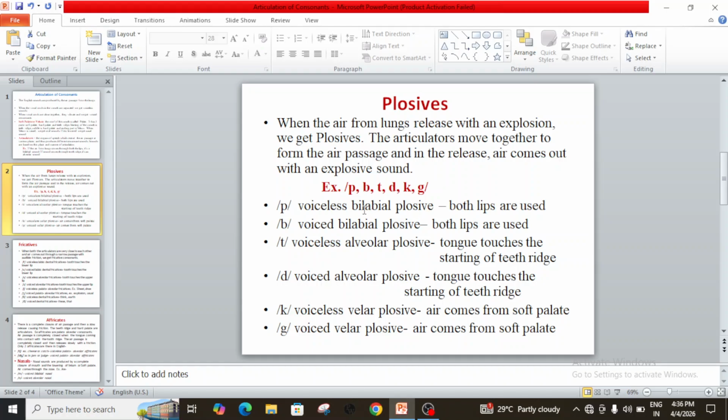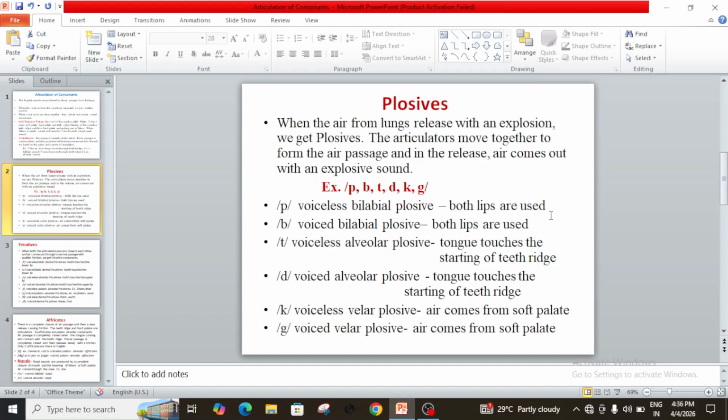That means when we say the sound P, both the lips are used and the air comes out with an explosion. So it is called a bilabial plosive. Plosive means explosion, and bilabial means both lips are used.